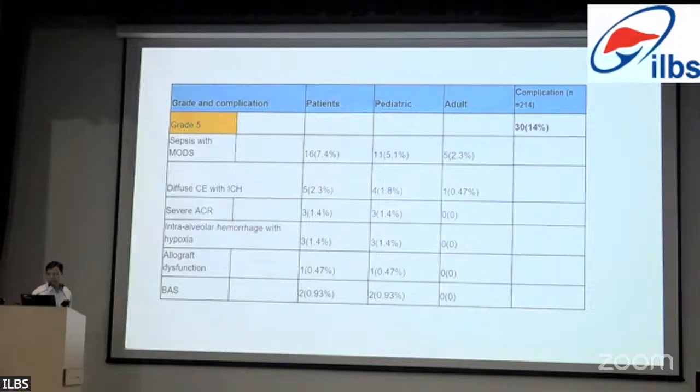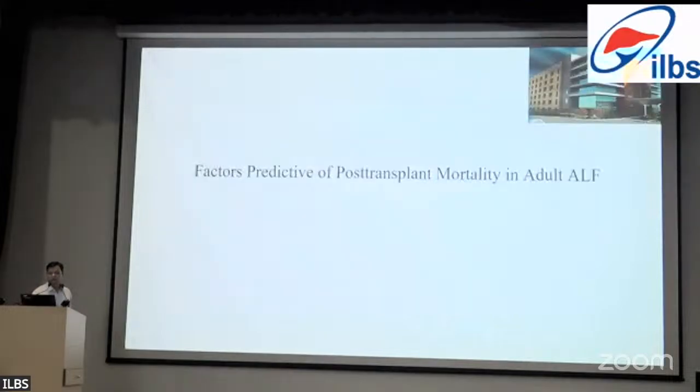A common scenario is sepsis and MODS, multi-organ dysfunction syndrome, and diffuse cerebral edema with or without intracranial hemorrhage is also one of the common causes. Others were severe acute rejection, and in 3 patients intra-alveolar hemorrhage because of persistent coagulopathy, allograft dysfunction, and biliary anastomotic stricture. Those were the causes of death.